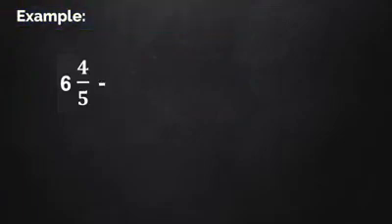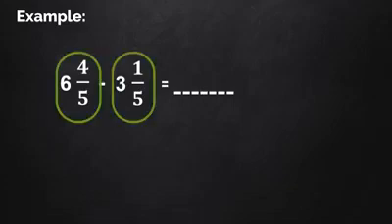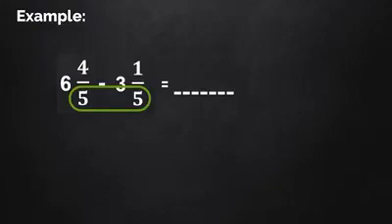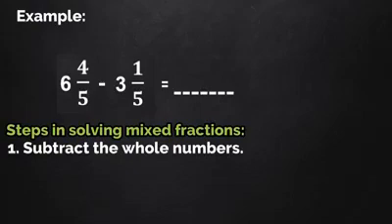Another example. 6 and 4/5 minus 3 and 1/5 equals blank. 6 and 4/5 and 3 and 1/5 are mixed numbers with the same denominators. Here's how to subtract these fractions. First, subtract the whole numbers. 6 minus 3 equals 3.